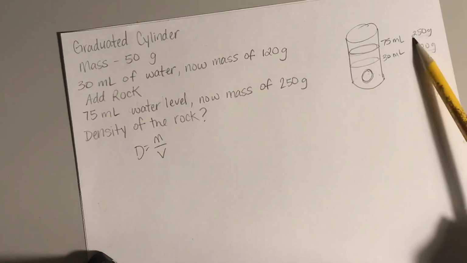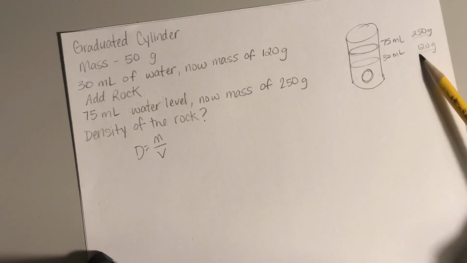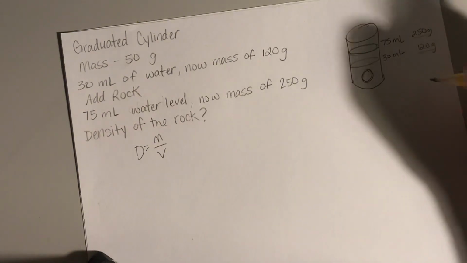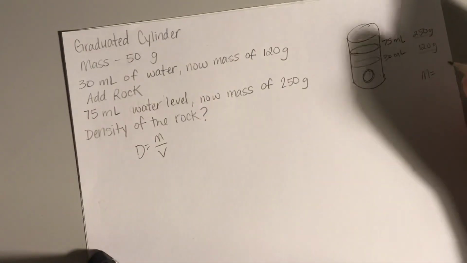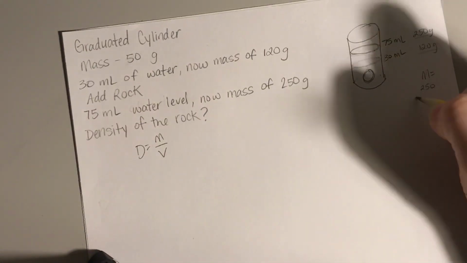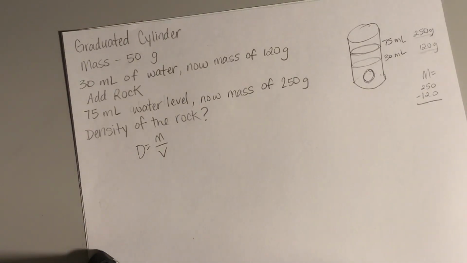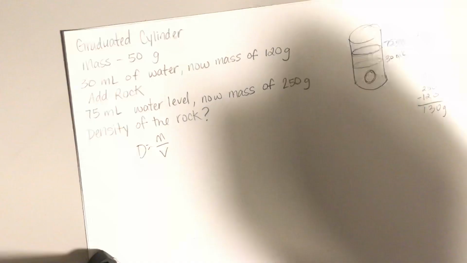And then when we had the rock added, it jumped up to 250 grams. So the difference between that is the mass of the rock. So the mass is equal to 250 minus 120. That would be 130 grams.